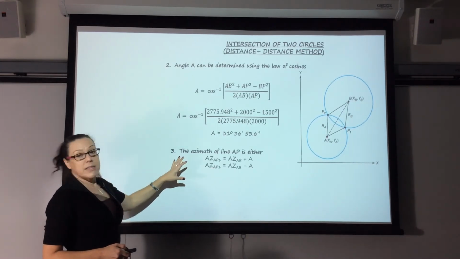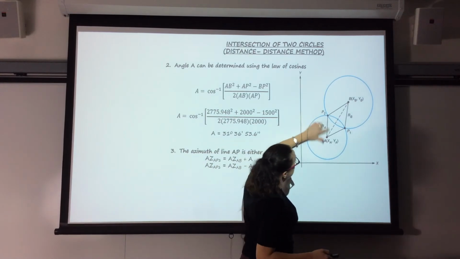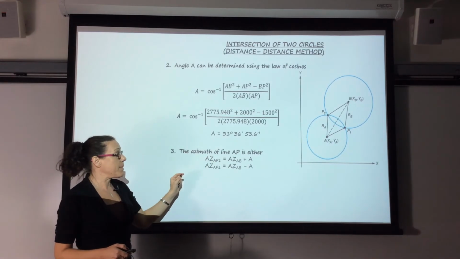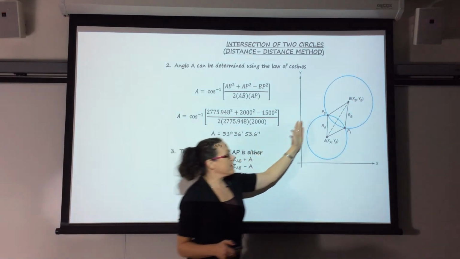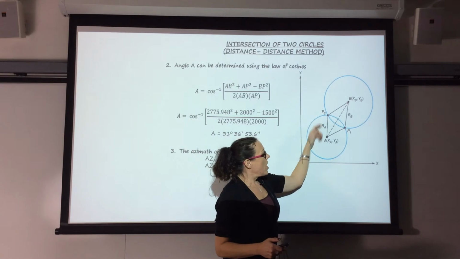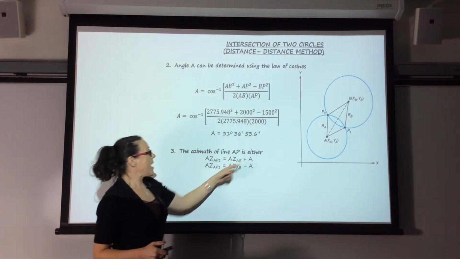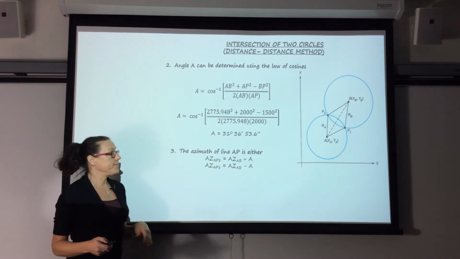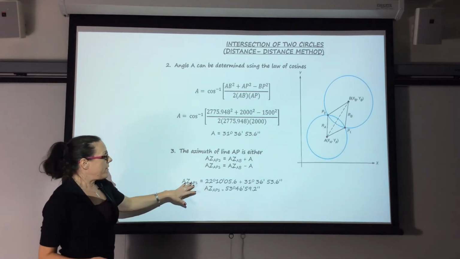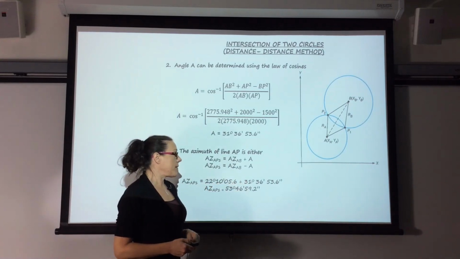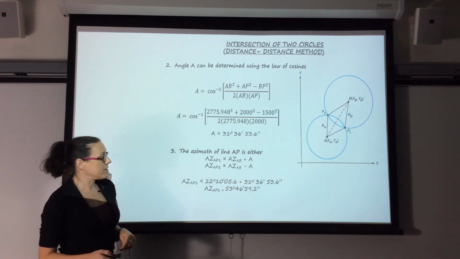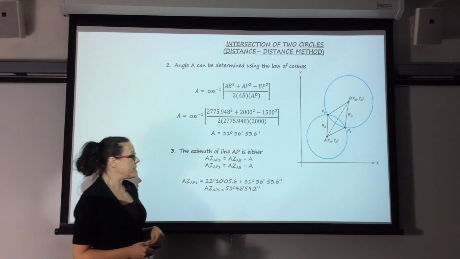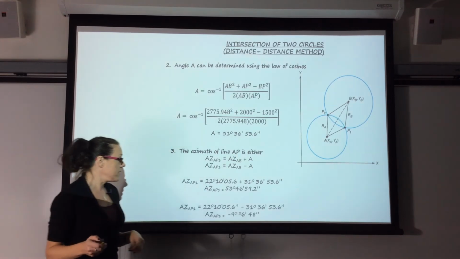Now, the azimuth of the line AP, whether it's this AP or that AP, depends. If it's the azimuth AP1, we're going to add our angle. So we know the azimuth here, we add the angle at A, or we're going to subtract the angle A. So we have 22 degrees plus 31 degrees, 36 minutes, and 53 seconds, and we get an azimuth of 53 degrees, 46 minutes, and 59 seconds.